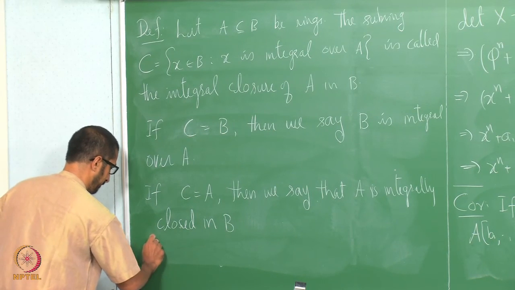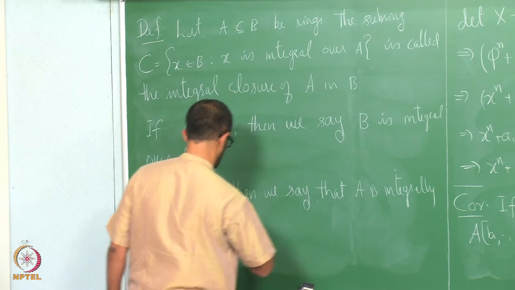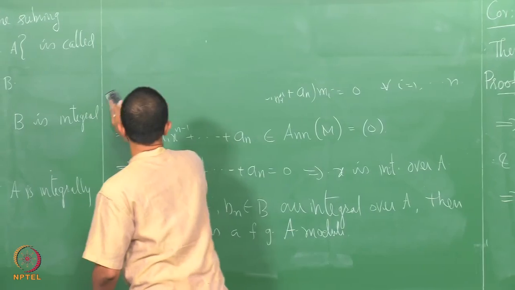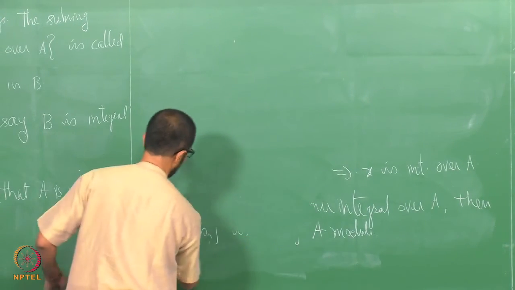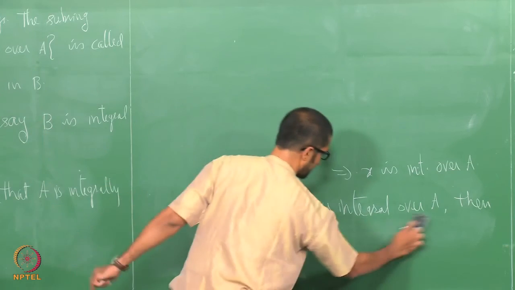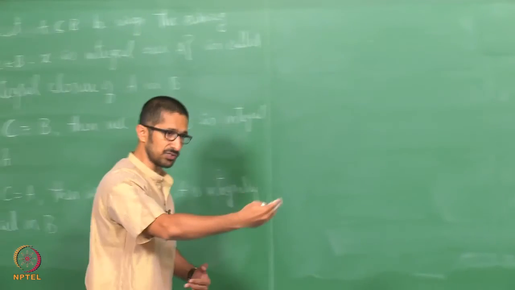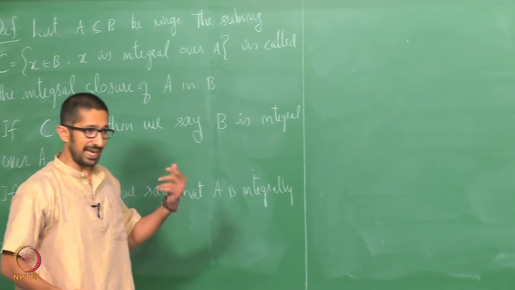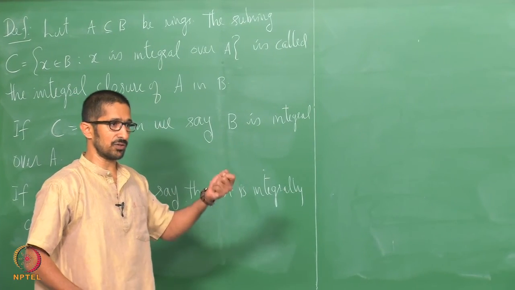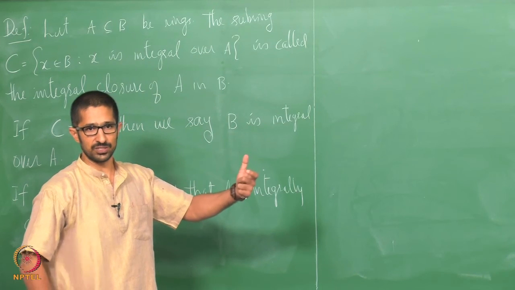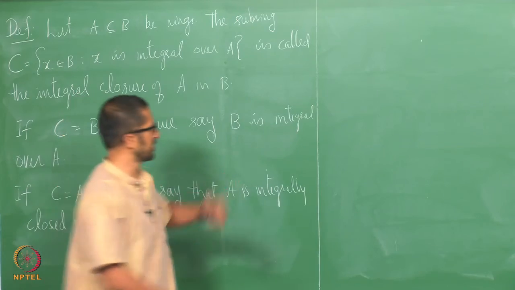And if A is an integral domain, then the integral closure of A, see here the terminology is integral closure of A in a super ring, but if A is an integral domain, then the integral closure of A is a notion that represents the integral closure of A in its fraction field.